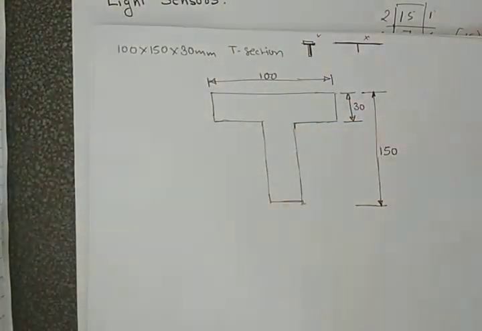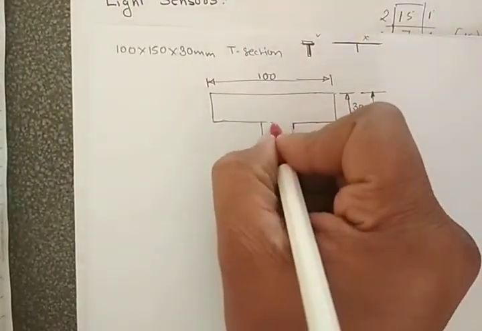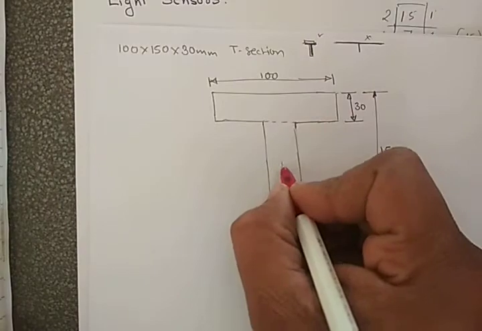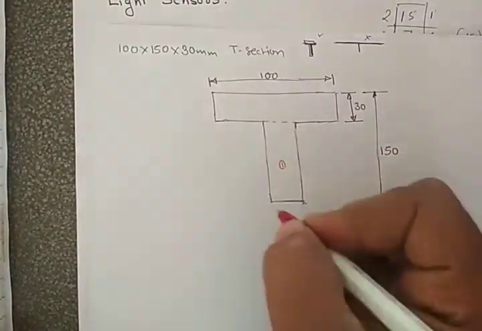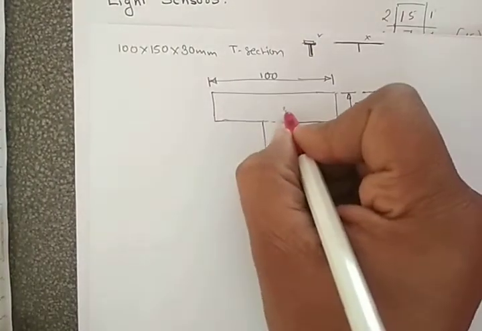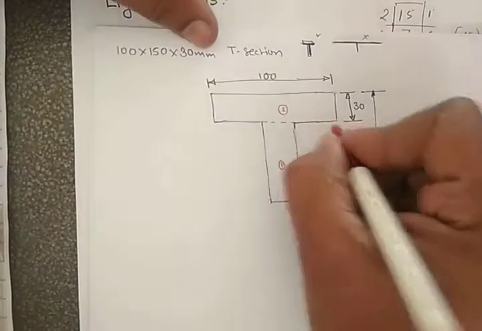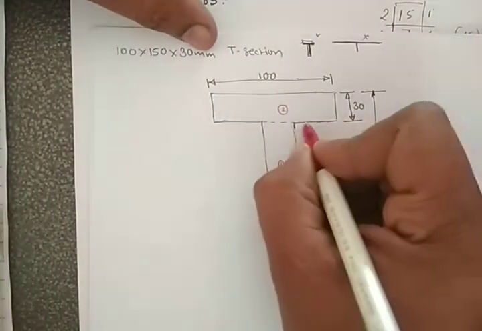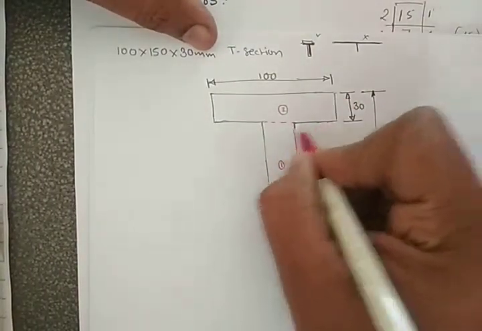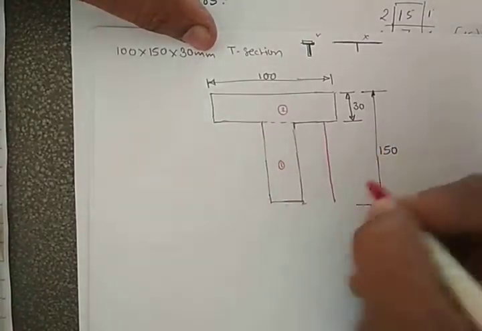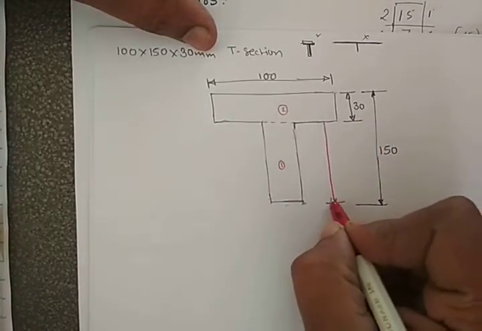If you divide this, or if you make it like this, one becomes one standard shape, that is a rectangle. This is another standard shape, that is again a rectangle of different dimensions. Then I'll redimension this. I want the dimension of the first section. What will be the dimension of this?